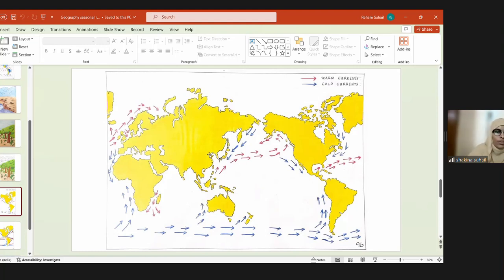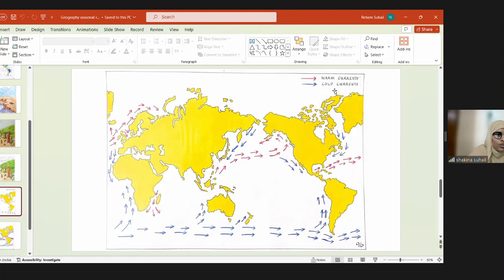Some from Europe to the northwest of Africa. It means that the wind is blowing from that direction, and so we can see that the currents are also blowing from that direction.